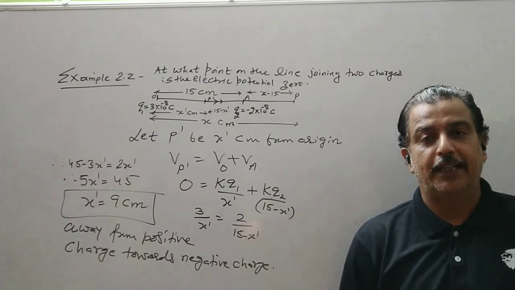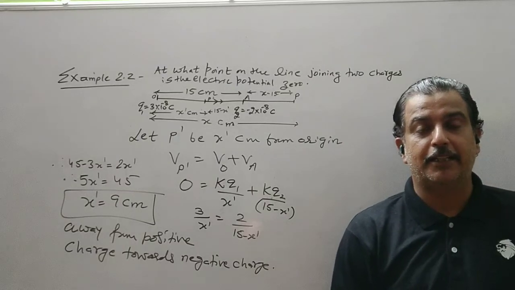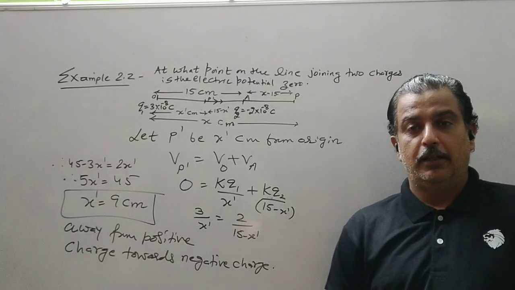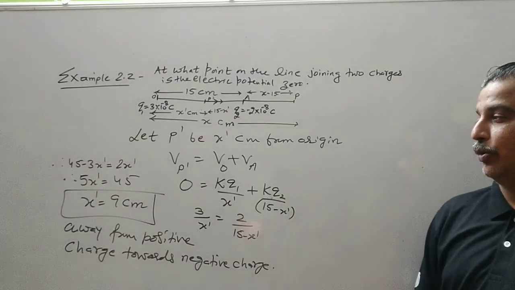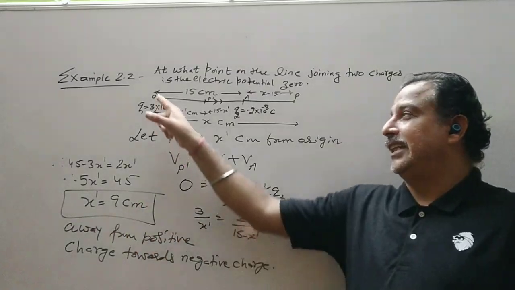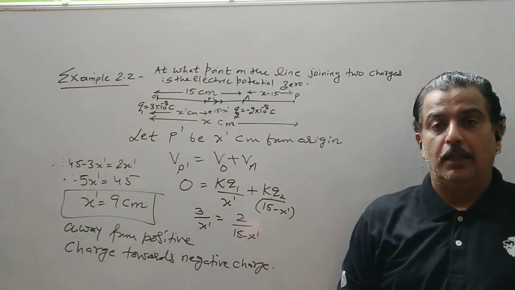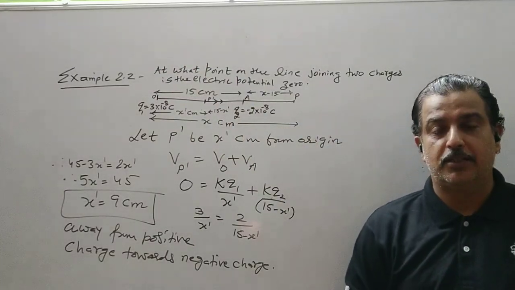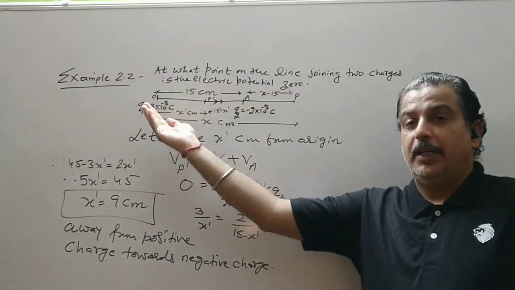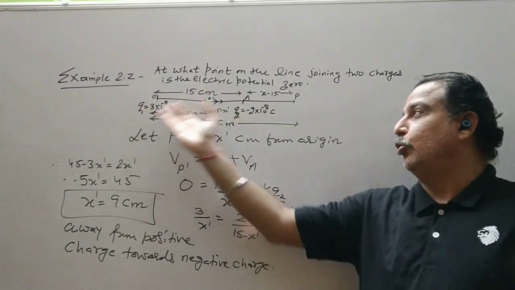And at the other point there is a resultant electric field intensity, and you do the work against that field so that the potential becomes 0. So if I need to keep a test charge 9 centimeter from Q1, I have to spend some energy, otherwise that test charge will move from Q1 to Q2.